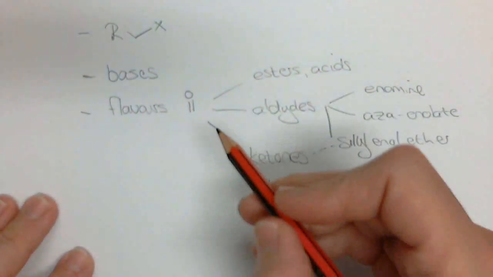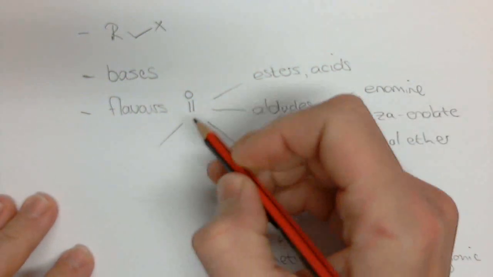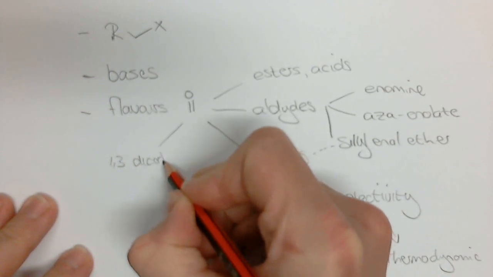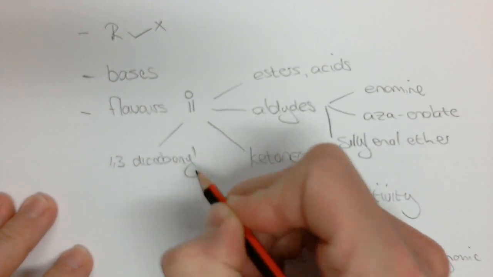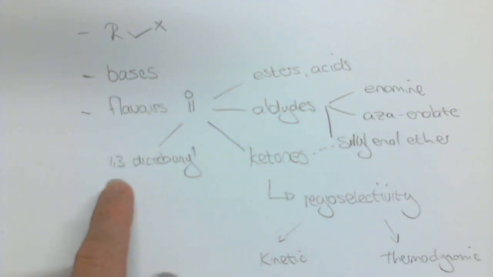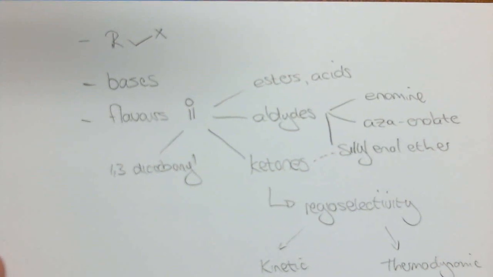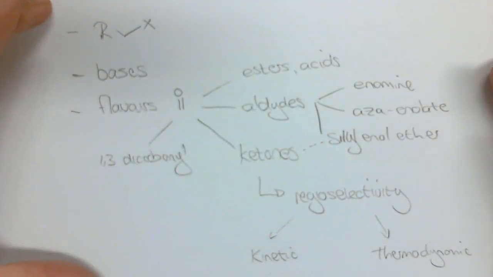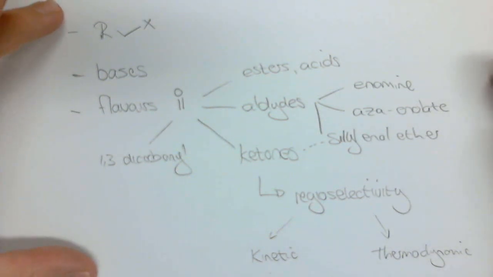And then the last flavor of the carbonyl that came in was the 1,3-dicarbonyl compounds, and we looked at how they can undergo decarboxylation if there's an ester part to it. So these are all the ones we looked at. Okay, so this constitutes a hell of a lot of work, and it's a lot of the foundational work that we need to cover.